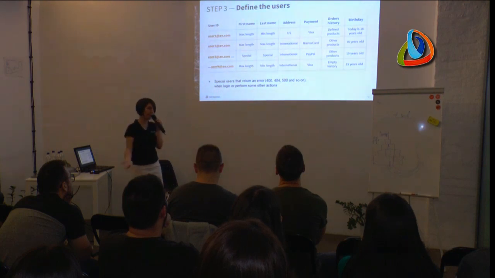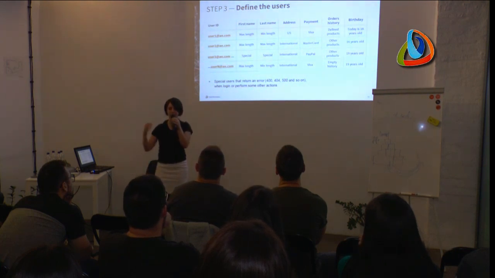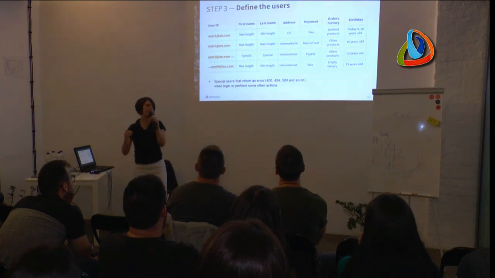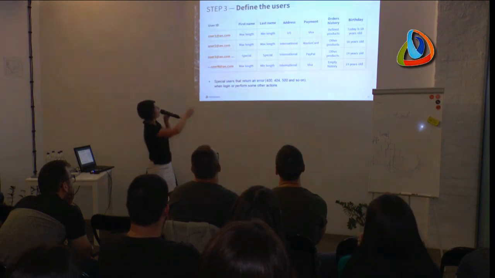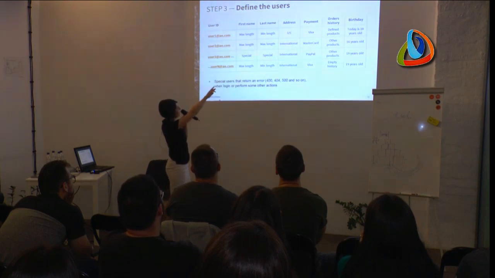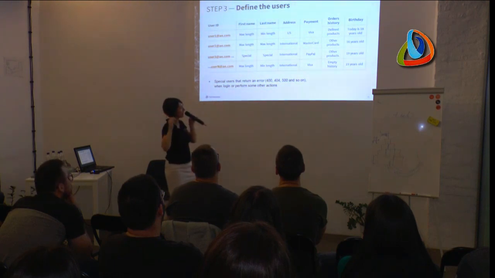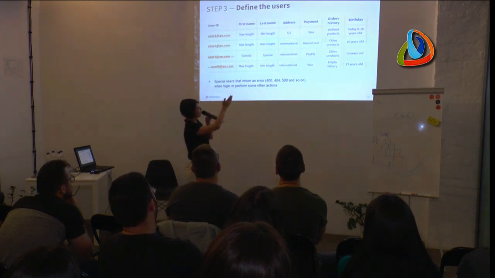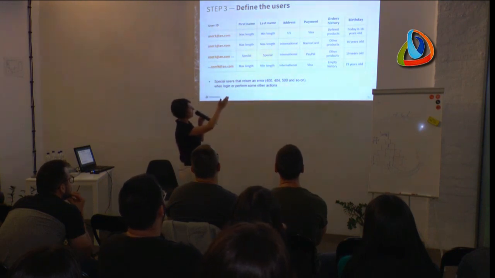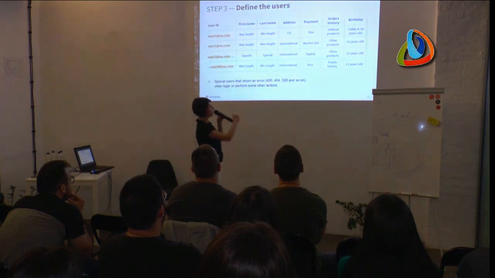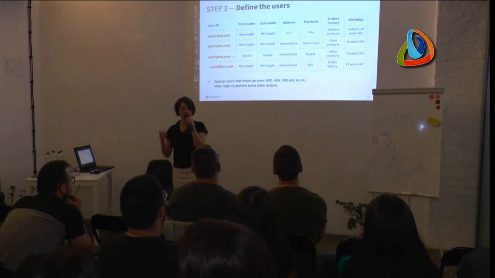For example, please stub, give me information about this user. And we know that this user, for example, has such first name and last name with maximal or minimal length. This user is from the US. He paid with a Visa credit card. He bought jeans. And today he's 18 years old.